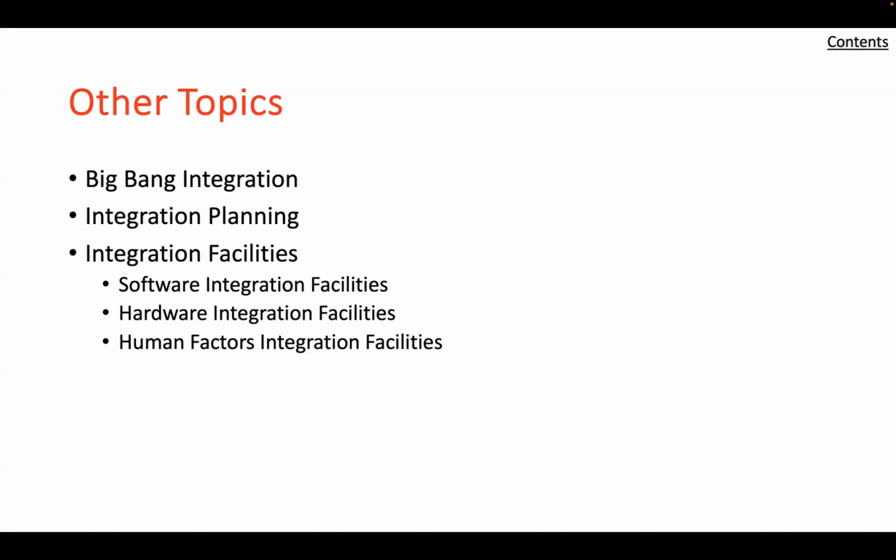Okay, well, now let's get into integration planning. As with any part of the system engineering projects, good planning can help avoid pitfalls and keep the project on schedule.